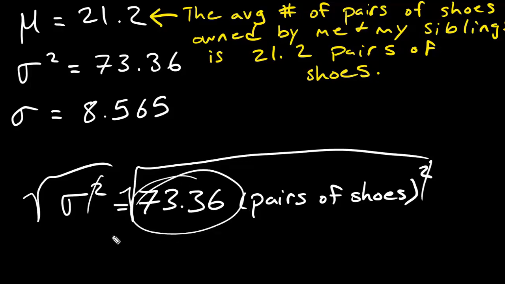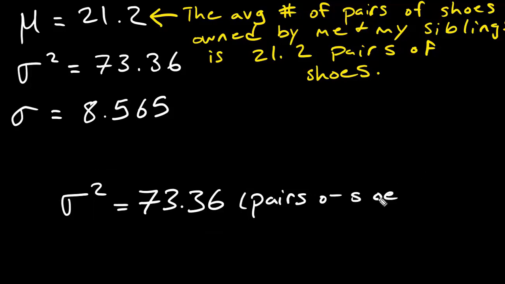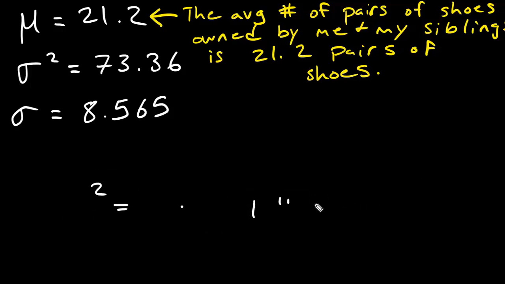This 73.36 becomes that 8.65, right? So our standard deviation has the same units as our mean, right?